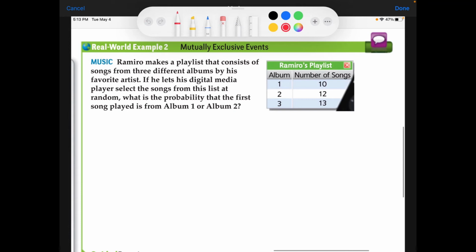So, if we look here, we need to find the total number of songs that we have. Remember the formula? I'm just going to go ahead and write the formula first. So the formula was the probability of A or B is equal to adding the two together because they're mutually exclusive.